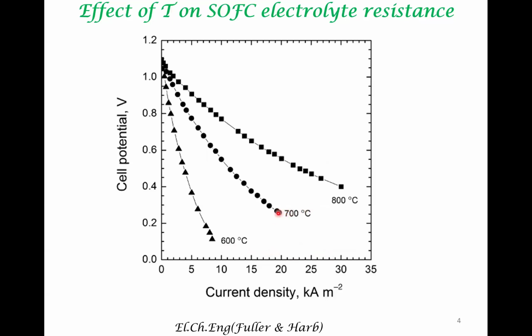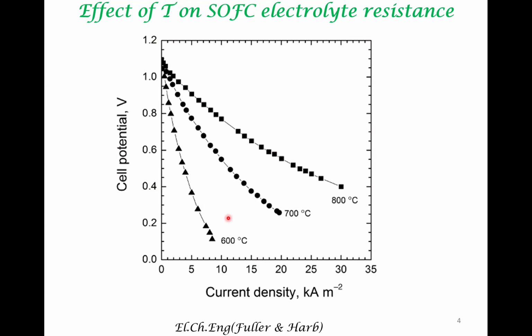As you can see, even when you keep all else constant, that is, the reactants that are sent into the fuel cell are one and the same, the electrolyte and the electrodes are one and the same in these three systems, the only thing that is different is the temperature of operation of the solid oxide fuel cell.